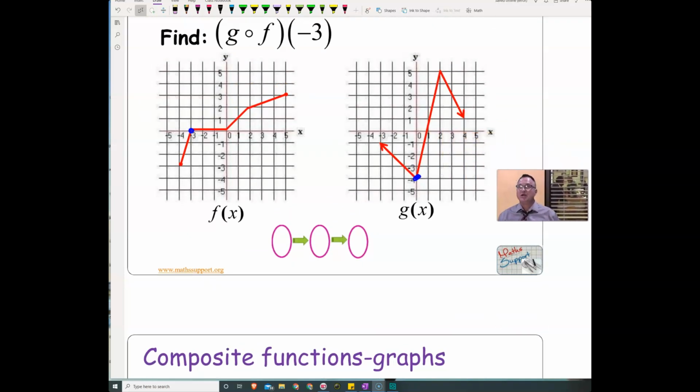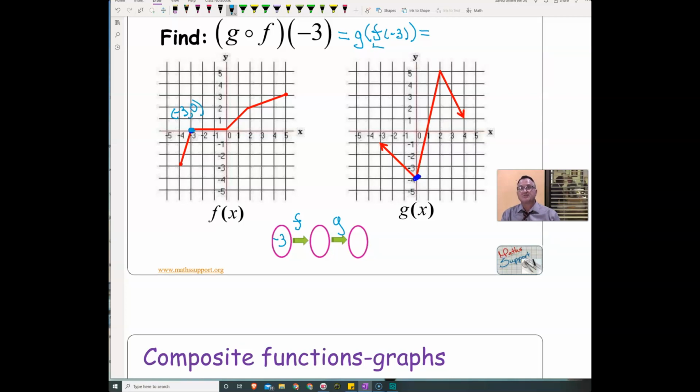All right, g of f of -3. So my order is going to be -3, f, whatever that is, and then g. So notation-wise, if you were writing it out, you'd write g of f of -3. So I'm going to go to -3 on the x-axis, and its output is the y-coordinate 0.